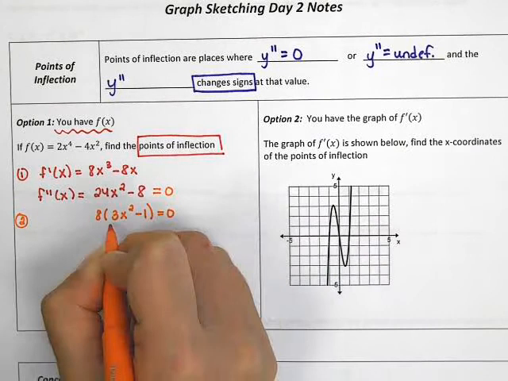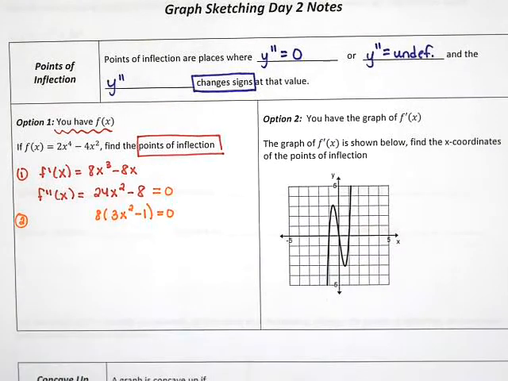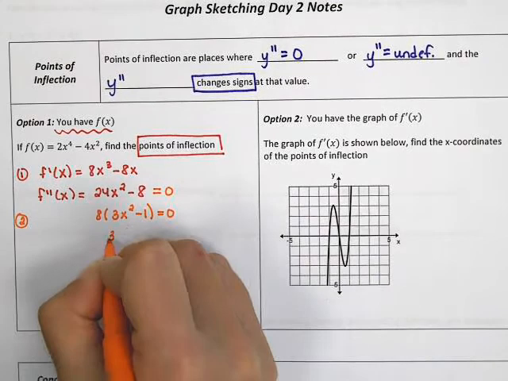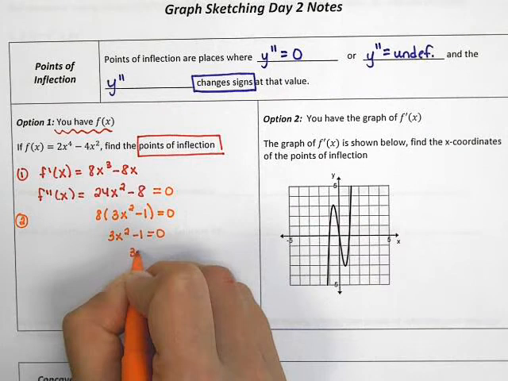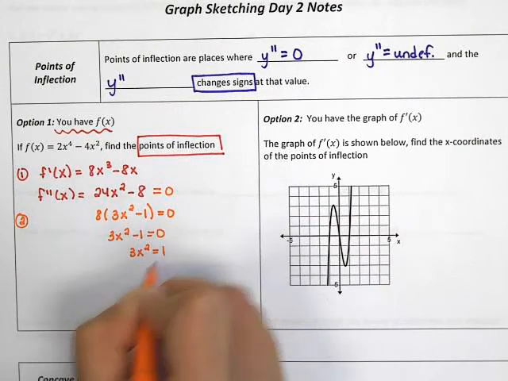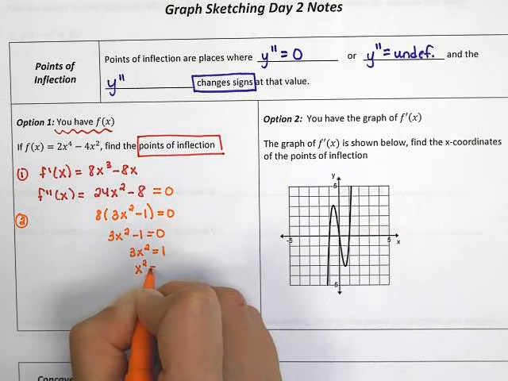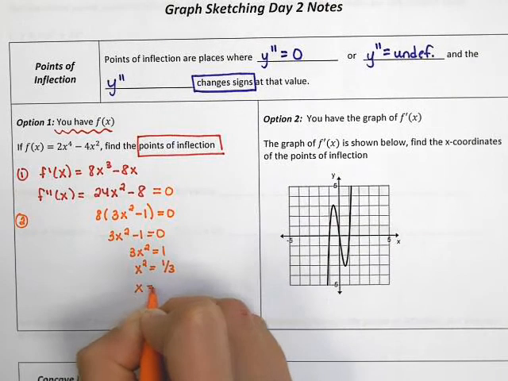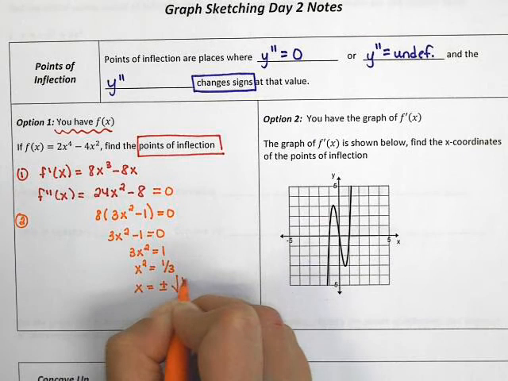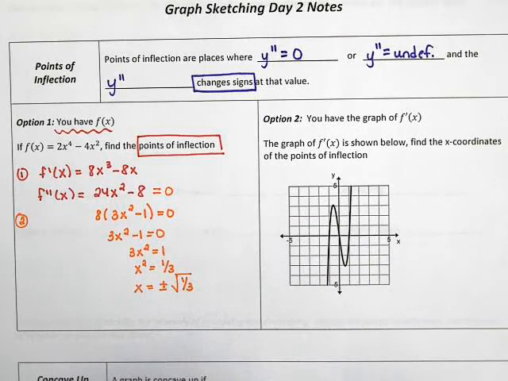If I wanted to try to factor this remaining parentheses some more, it wouldn't work. So instead, I would solve that. I would have 3x squared minus 1 equals 0. If I add the 1, I get 3x squared equals 1. If I divide by 3, I get x squared equals 1/3. And if I square root, I get x equals plus or minus the square root of 1/3.